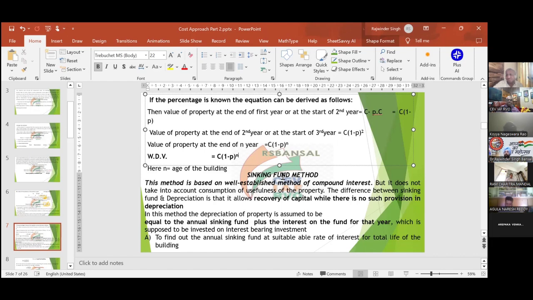But sinking fund method of depreciation, what it says, let us suppose you are doing valuation on the fifth year of the asset. So first thing is that this method does not take into consideration the usefulness of the asset.